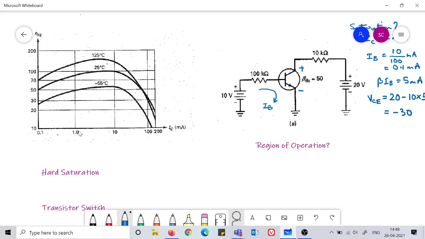Suppose we have a particular IC current of 1 milliampere, then you can see that at -55 you have your beta as 50, at 25 degrees you have it as somewhere around 90, I suppose, and at 125 degrees centigrade it is around 150, less than 150 but very near to that. So this is the case.